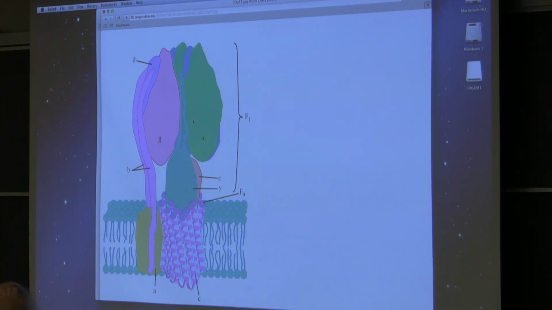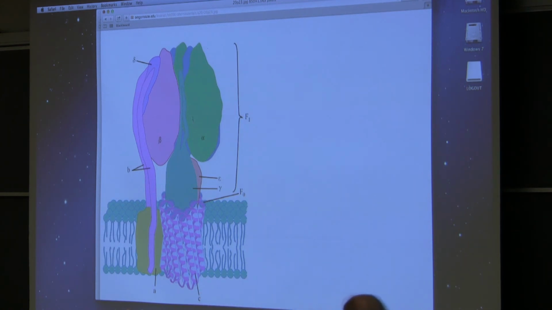So let's say beta here has a binding site for both of these guys, ADP and phosphate. They're sitting there in this protein waiting to be put together. Haven't put them together yet. It's going to take energy to squeeze them together so that the bond forms between them, that high energy bond that's the triphosphate. How does that happen?